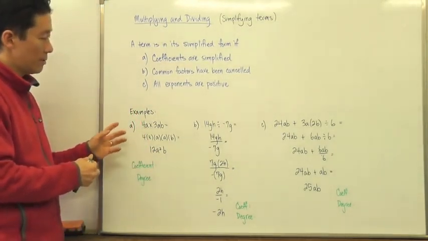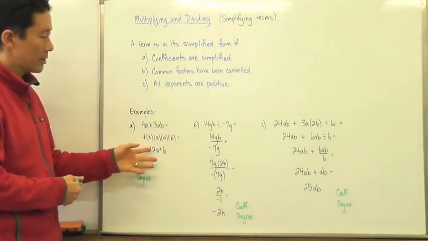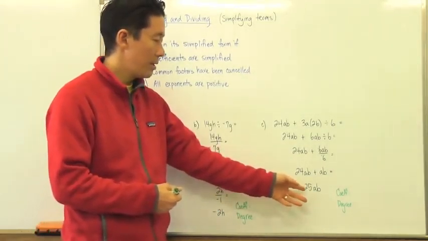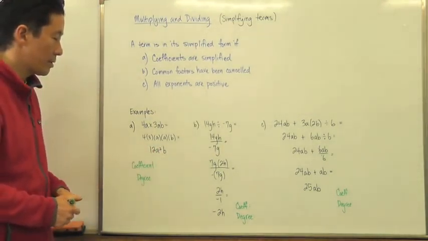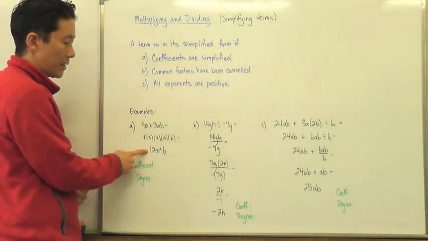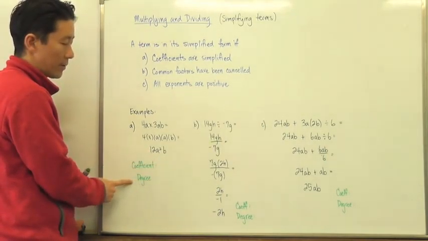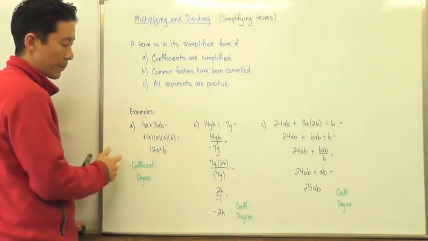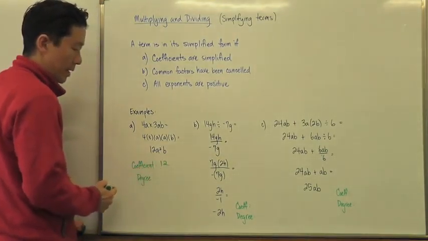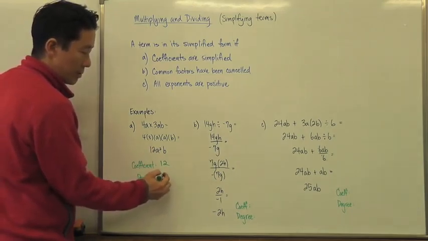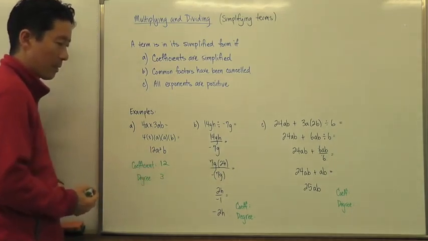So just to review, let's take a look at our simplified terms and determine the coefficient and the degree of each one. What is the coefficient and what is the degree of this particular simplified term? Hopefully you were able to say that the coefficient is 12 and the degree is 3.